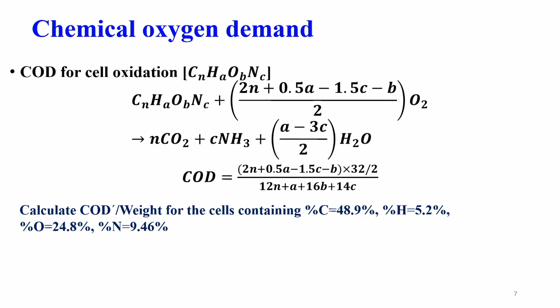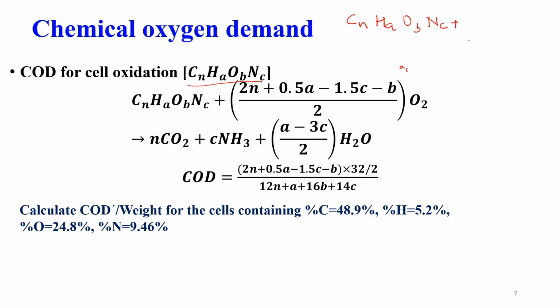Let us say I am going for the oxidation of a cell which has this general molecular formula. So what do I have to write? First you have to write the stoichiometric reaction. So let us write it: CnHaObNc.